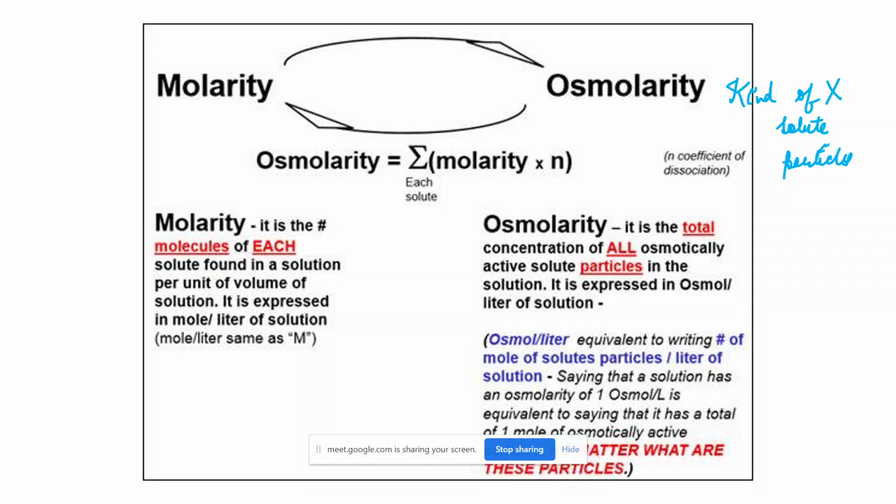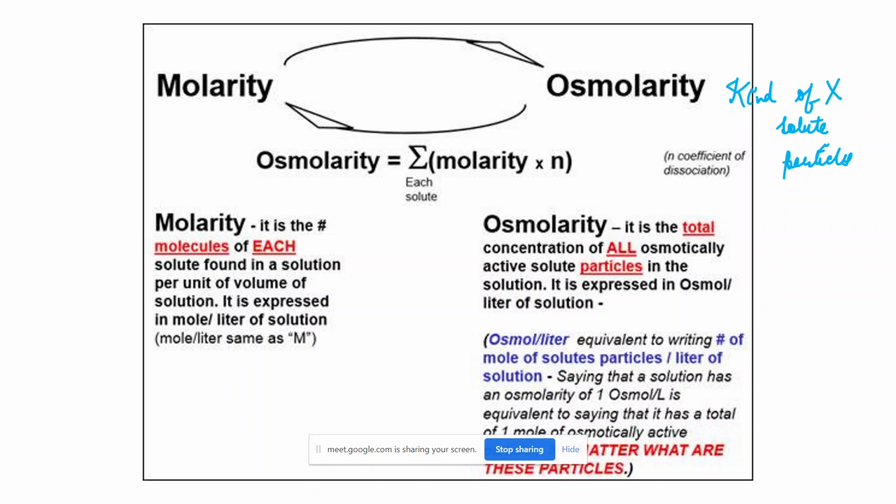You can have the same kind of solute particles, or you can have different kinds of solute particles. However, osmolarity will depend on the total concentration, or the total number of solute particles present. So this is a very important concept.